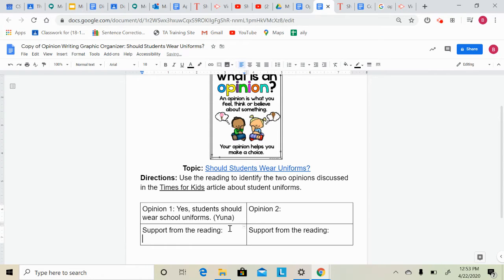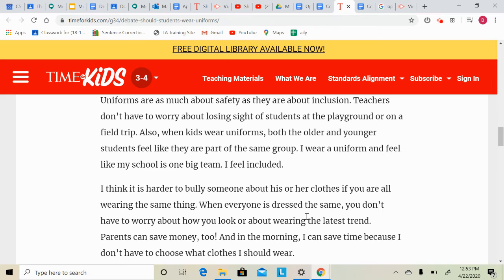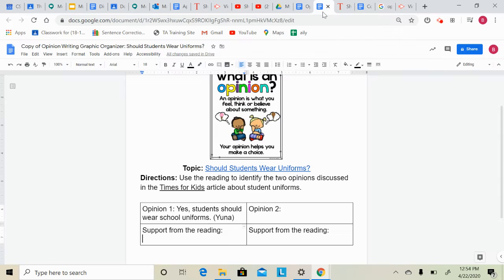Now, what are her reasons? I'm not just going to copy and paste everything that Una says, then we would just have a giant long paragraph. I need to think as the reader, what does what Una is saying mean to me? So her first statement says uniforms are as much about safety as they are about inclusion. So what does this mean to me?